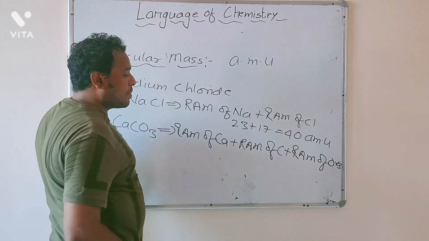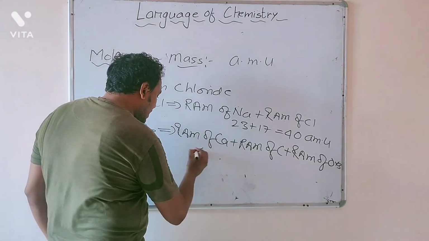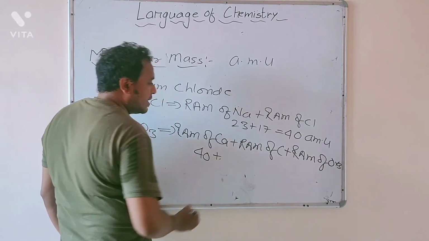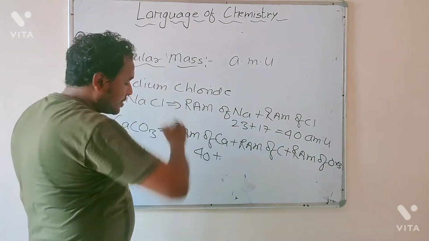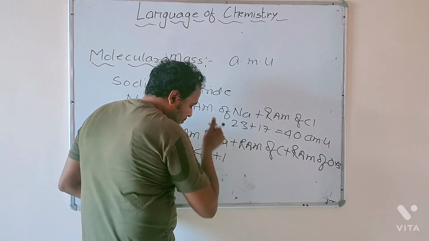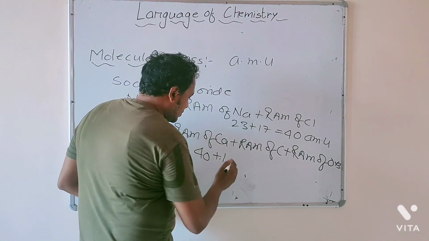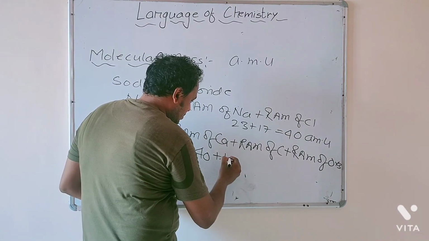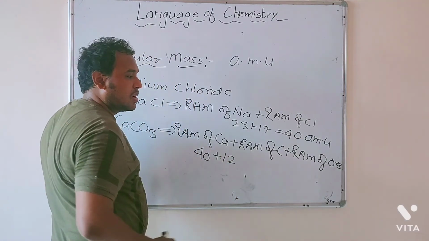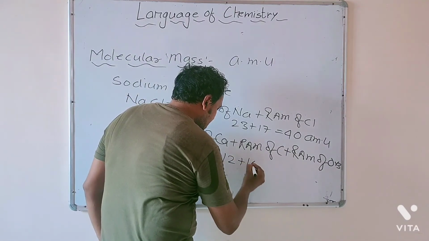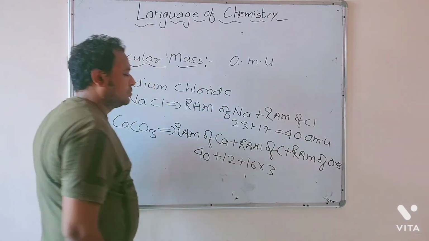So the relative atomic mass of calcium is 40 while carbon is 12 and oxygen is 16 into 3.